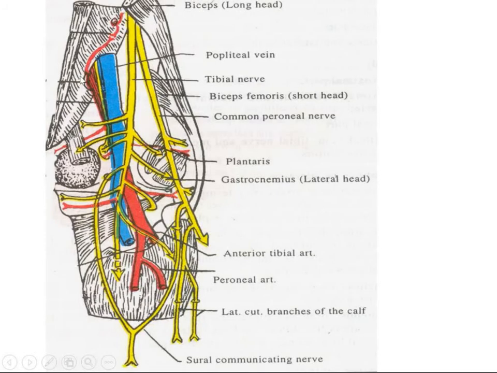So okay, now you can see, ठीक है, so this is the medial aspect. You can see it is coming downward and then it is running laterally, ठीक है, so you can see superficially we have the popliteal vein, then we have the beneath that we have the popliteal artery.